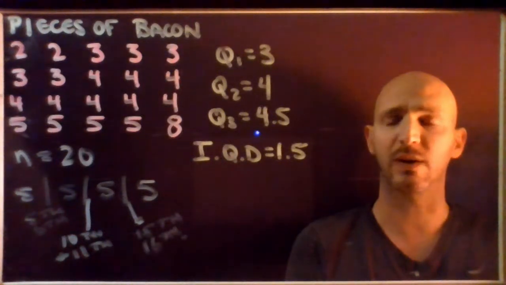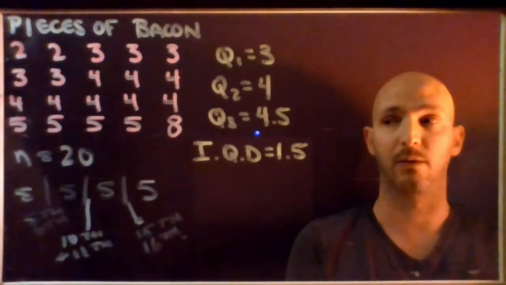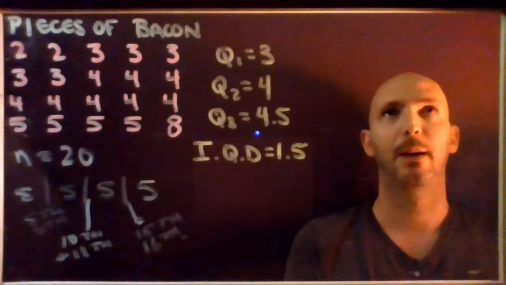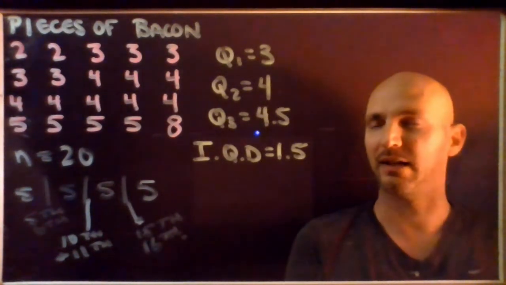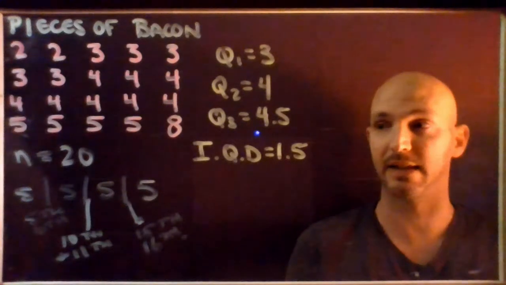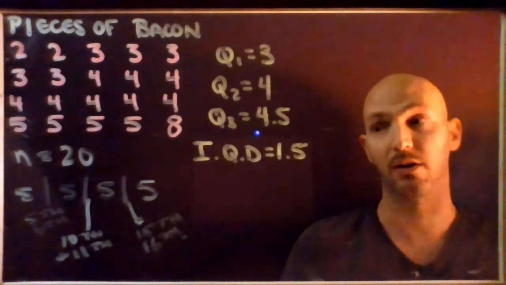So the question here is, while that person is obviously a little greedy, are they mathematically outside of this set? Would I be able to look at this data and say that 8 doesn't belong, so I'm going to erase it?